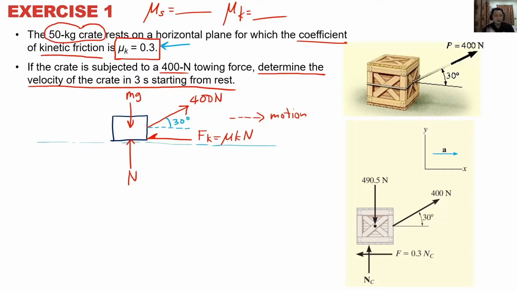This is the whole free body diagram. In order to solve this, you need to call out Newton's second law, summation of forces equals ma. Currently this box is moving along the x-axis, so you will be analyzing summation Fx equals max.